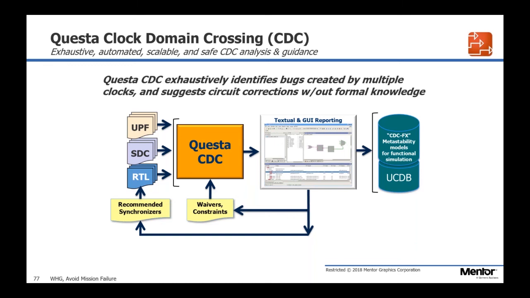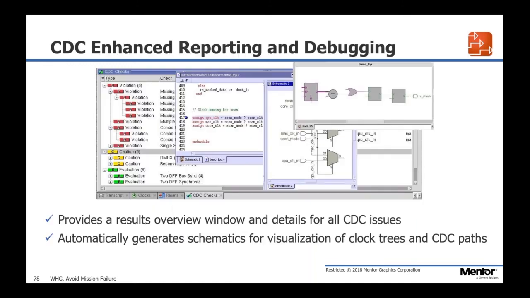Third, actually, I guess it does four things. Third, it checks whether, even though the synchronizer is there and it is the correct type, the timing protocol that synchronizer is using is actually being violated. And then last of all, it does CDC reconvergence.